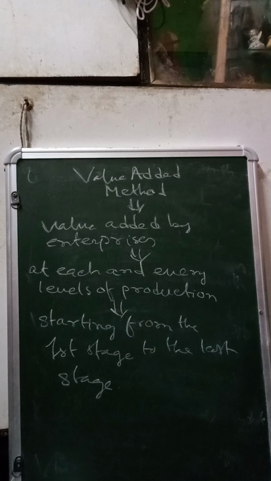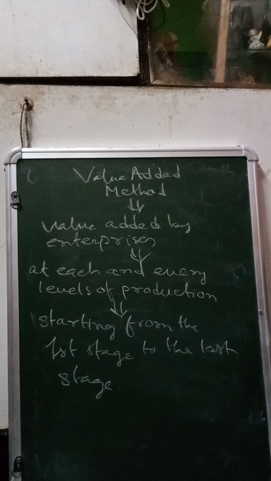We are giving our labor and it is getting converted to another output. So the sum total of the value that has been added in each and every step will give me the value of the pen. This is the concept of the value added method.